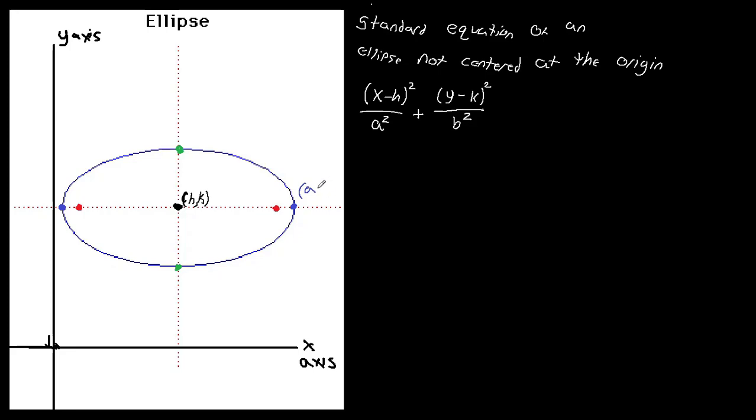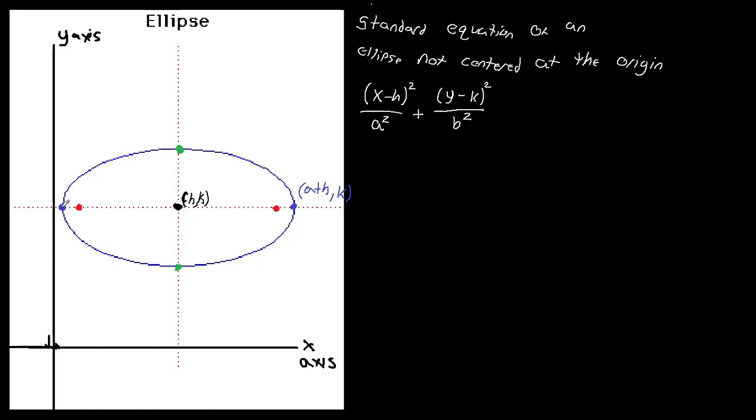But now it's no longer a comma 0, because to get here, not only do we have to go from the center of the ellipse over a, but we also have to go that additional h. We had to go h to get to here, and an additional a to get to here. So the x-coordinate of this is now a plus h, and our y-coordinate is no longer 0, it's going to be k.